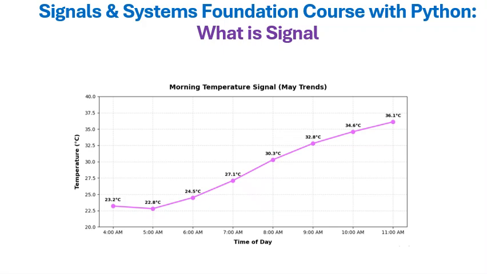You see that in the morning what value it has, and then as the day progresses, the temperature is increasing from say 23 up to 36. So it's a continuous time signal of the temperature. Again, it's an example of the time domain signal because temperature is varying with respect to time. On x-axis we have the time, and on the y-axis we have the temperature value.